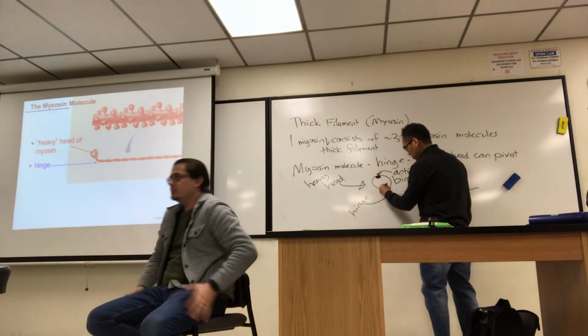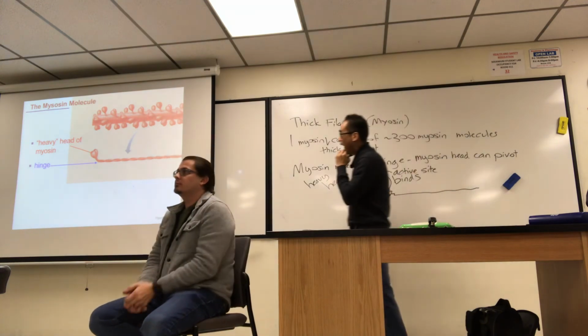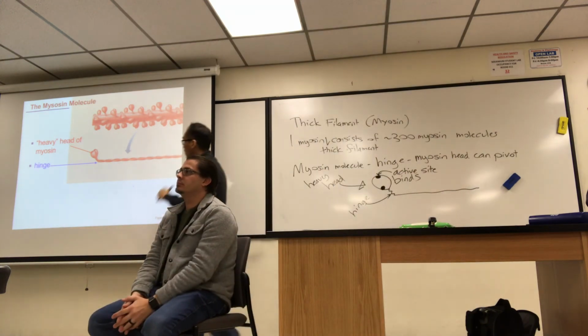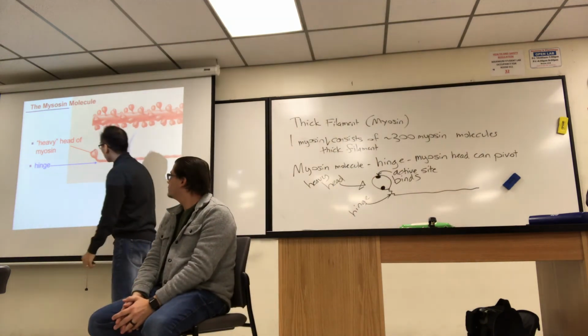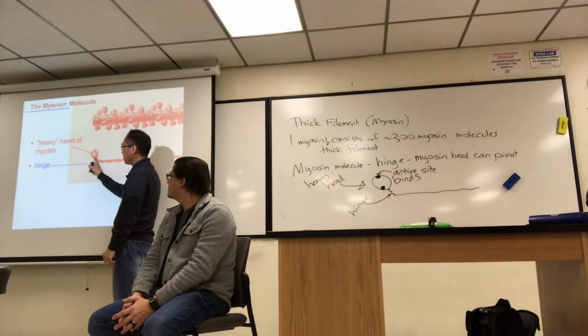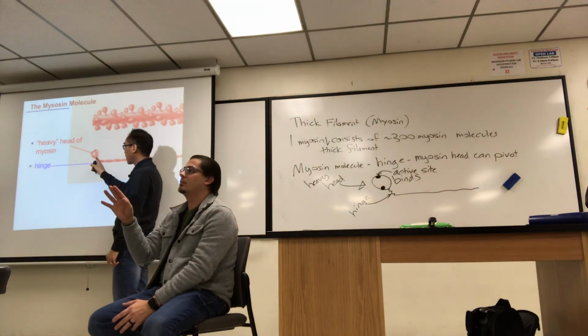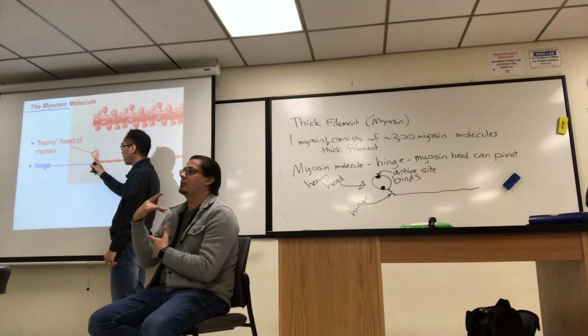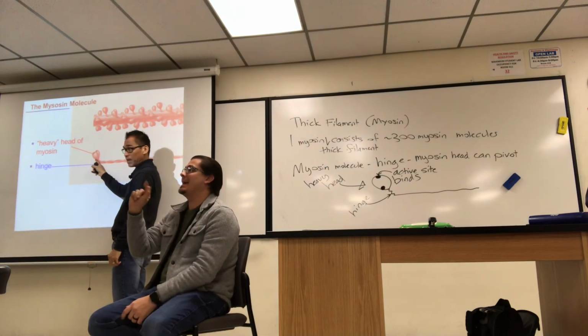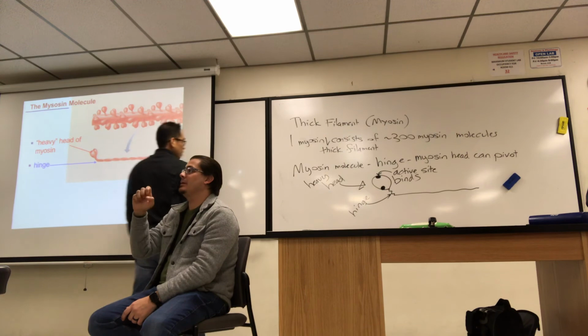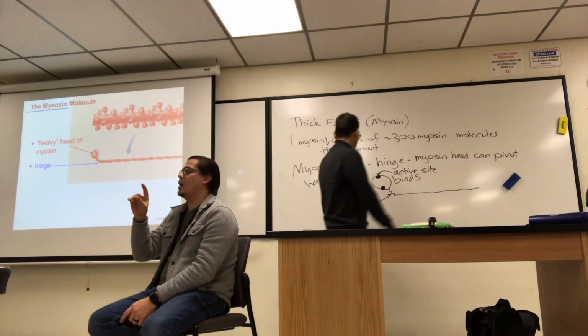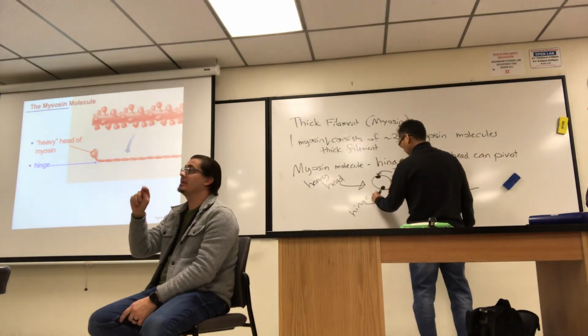There's another one there too. This is where you usually have ATP. Okay, so a lot of times there's an ATPase that can hydrolyze the ATP. So for that binding site, just put ATP.